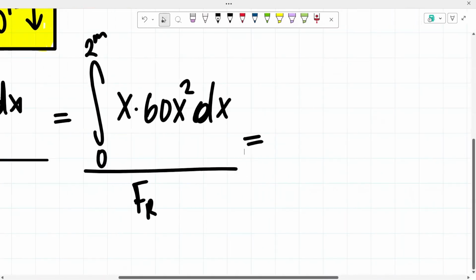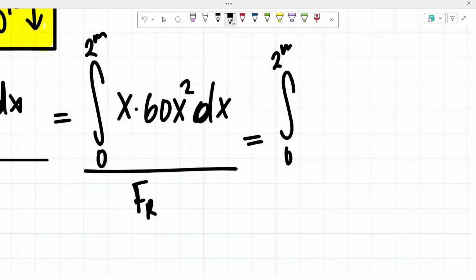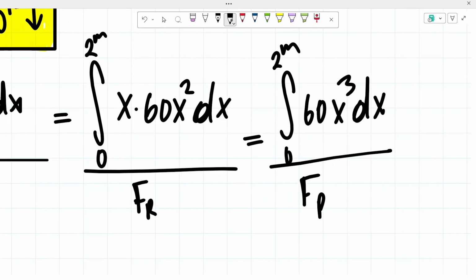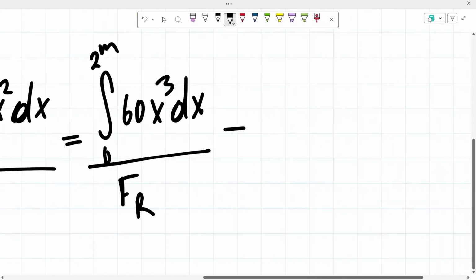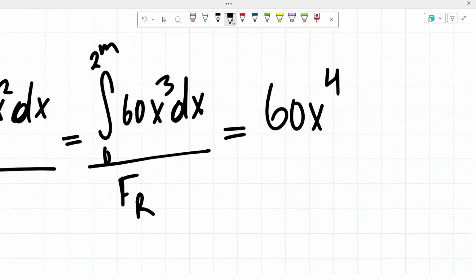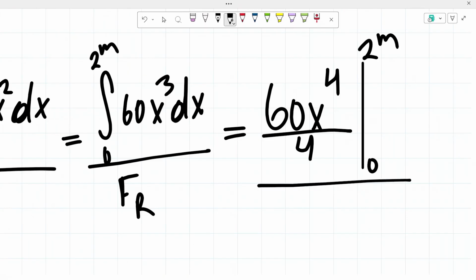If you multiply, let's simplify this down a bit more: 60x cubed dx over our resultant force. We solve for this: 60x to the fourth over 4, from 0 to 2 meters, over our resultant force.